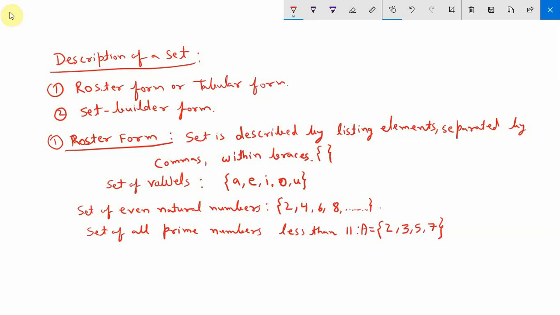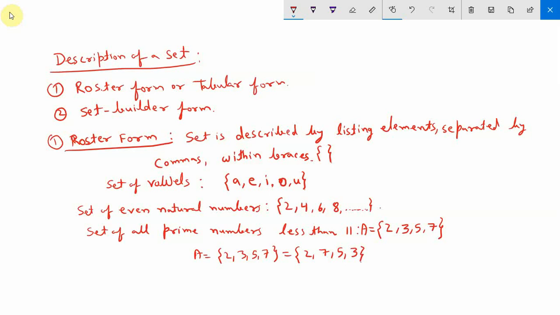See, if in a set we write all the elements in different order, it makes no difference. If we write A equal to 2, 3, 5, 7, this is same as if we write 2, 7, 5, 3.